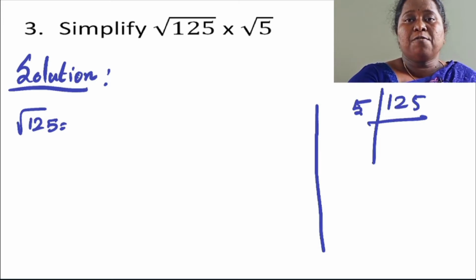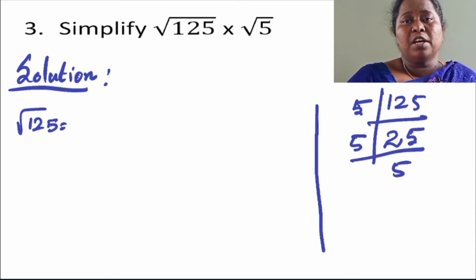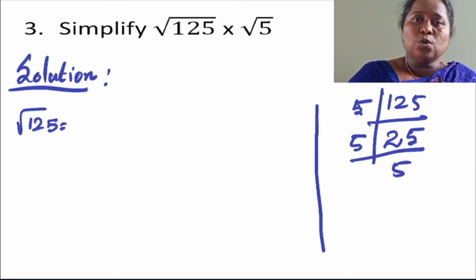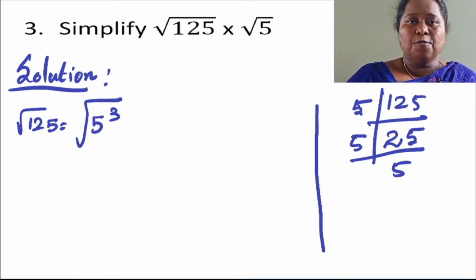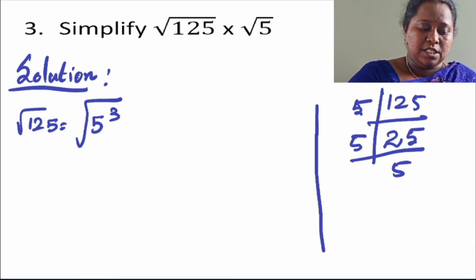So I am going to take 5. 5 twos are 10, the balance 2. 2 into 5, 25. Again if you go with 5, 5 fives are 25. So 125 can be expressed as 5 cube. So root of 5 cube. Then next we have root 5.